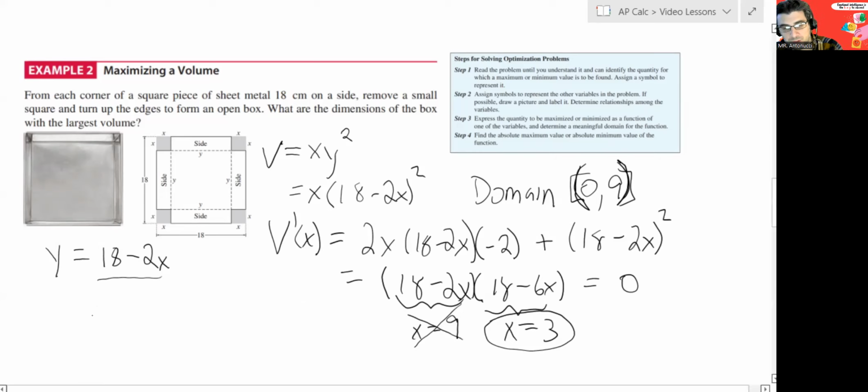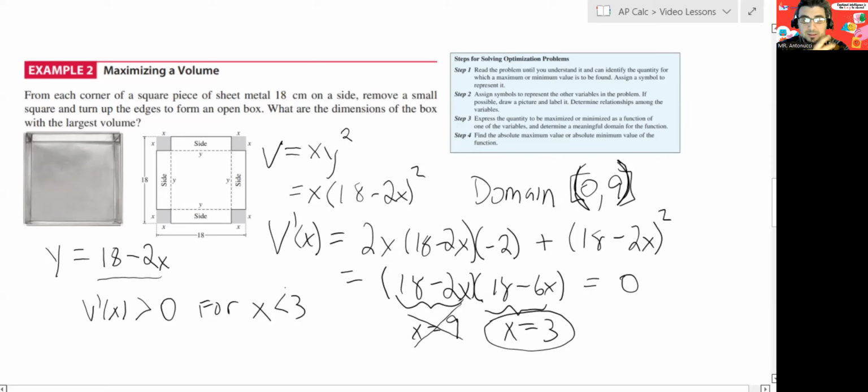So if we use the first derivative test, the derivative is going to be less than or greater than 0. Let me erase that. The derivative is going to be greater than 0 for x less than 3.